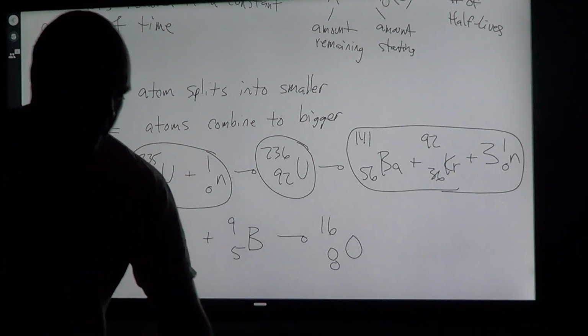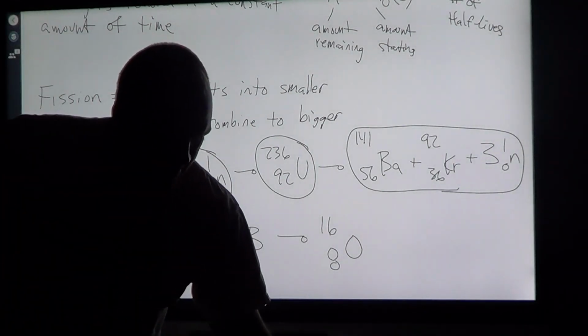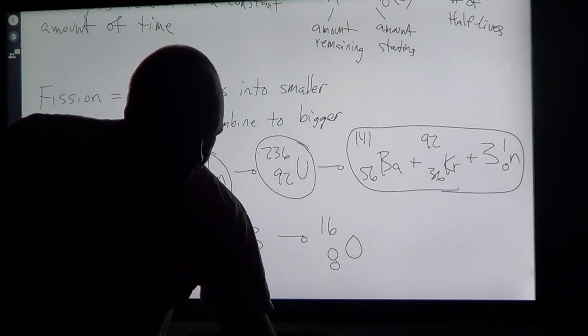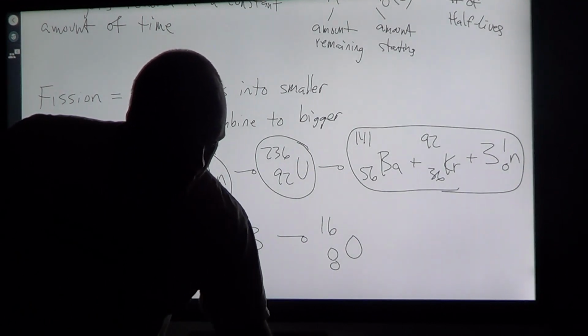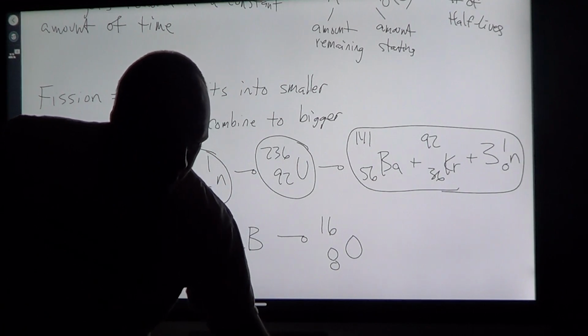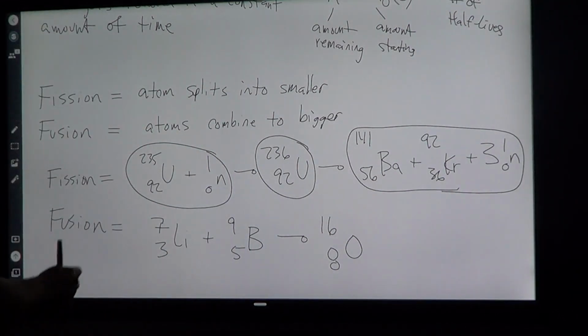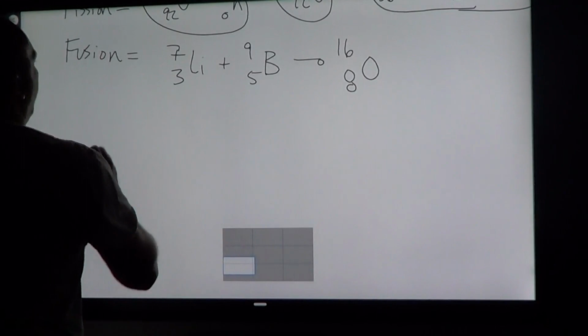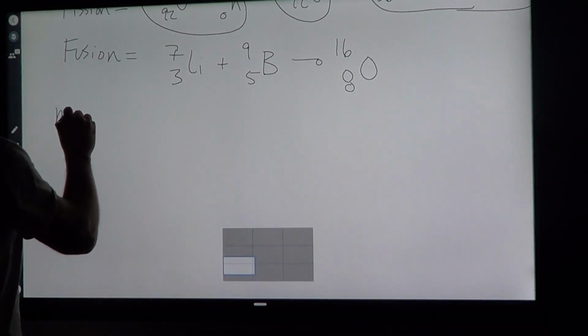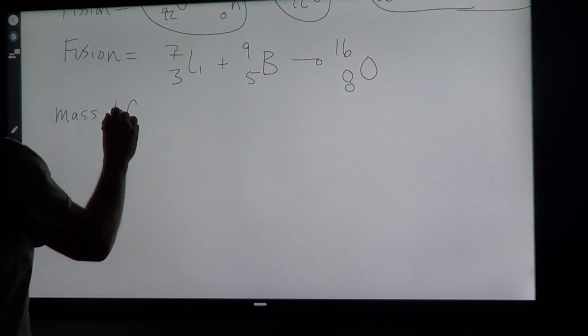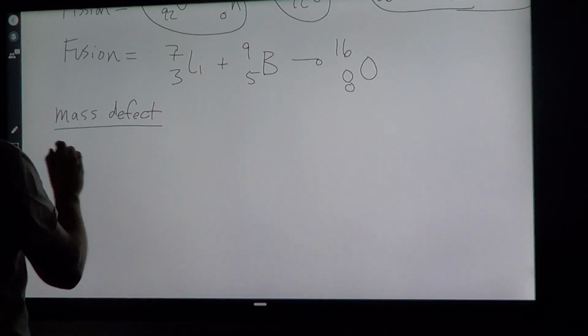Okay? And then the second half gets into Einstein's E equals mc squared. And there's a vocab word that goes with that. It is called the mass defect. Okay?